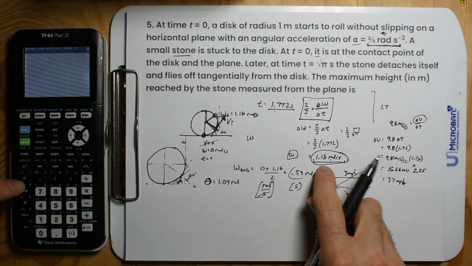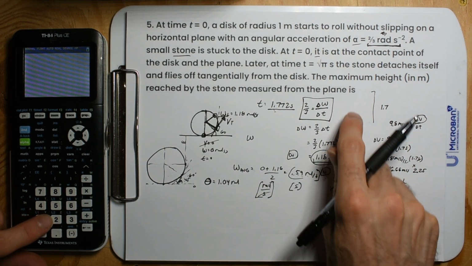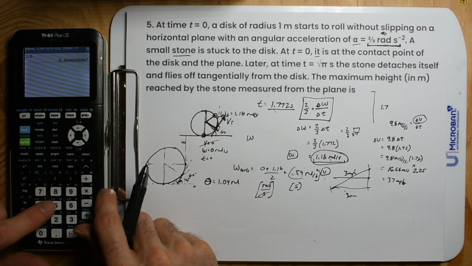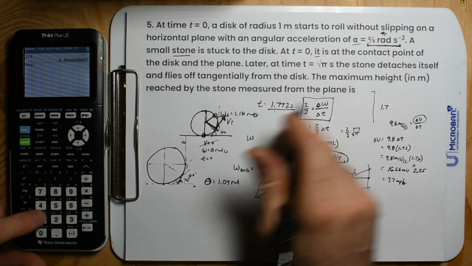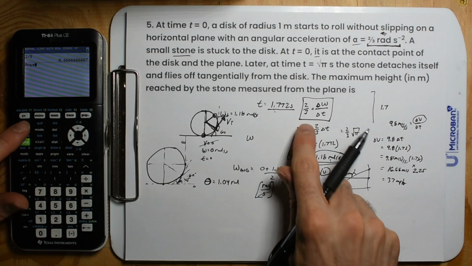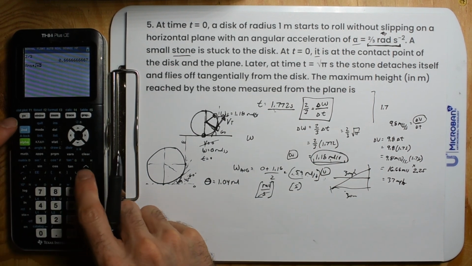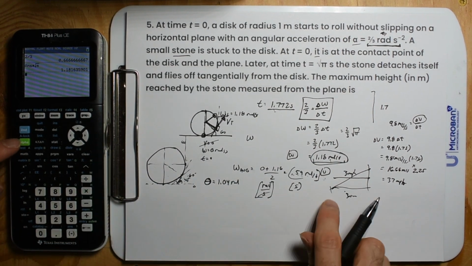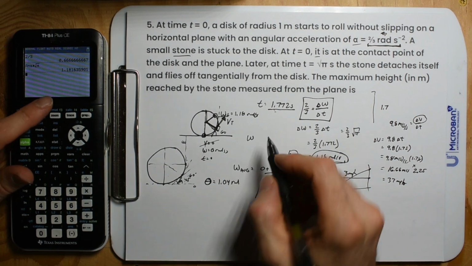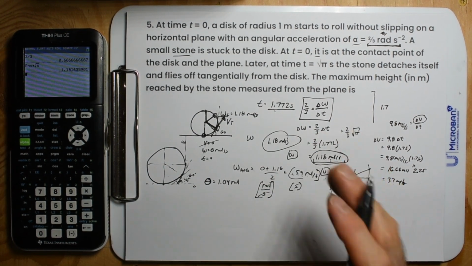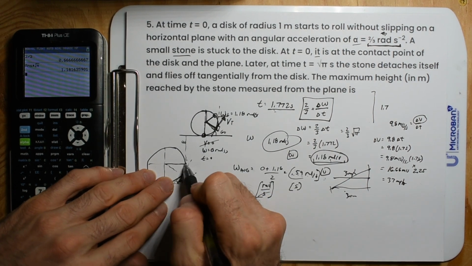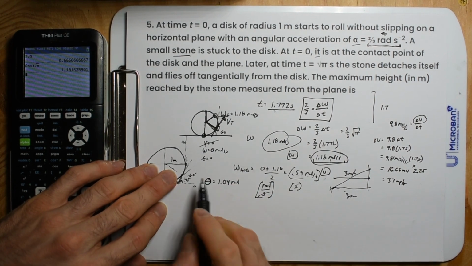This is our angular speed, because we were going 2/3 times square root of pi, so we're going 1.18 radians per second. Now we can just do a quick guess, but what's our radius? It's 1 meter.